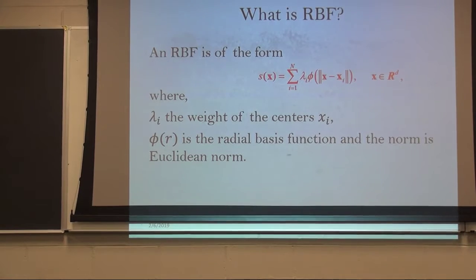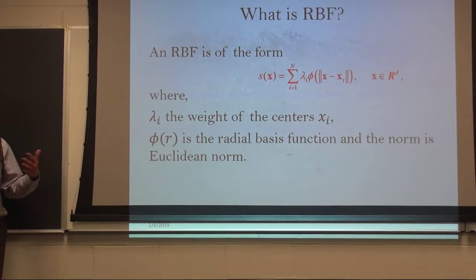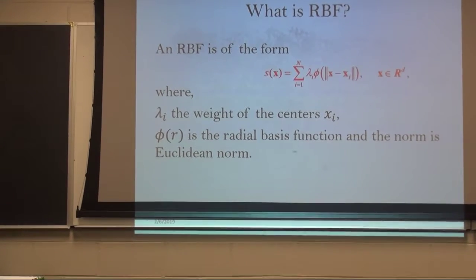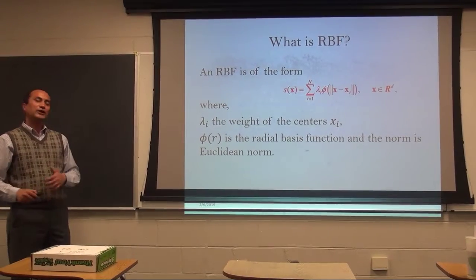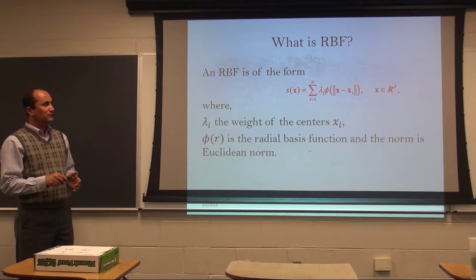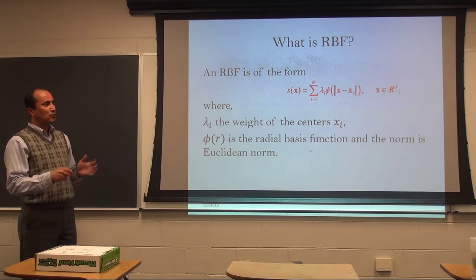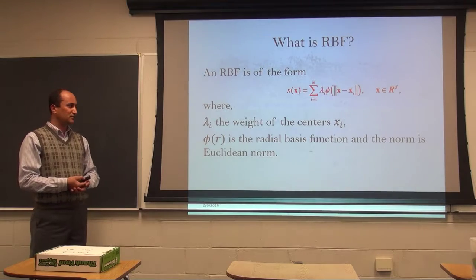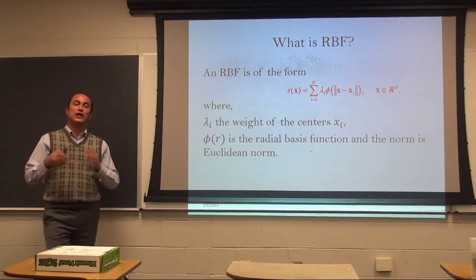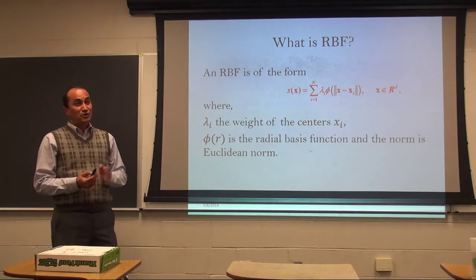Here I talk about the RBF, the radial basis function. An RBF is just a scalar function, where lambda i is the weight of the center and phi of r is the radial basis function, and we take the regular Euclidean norm.